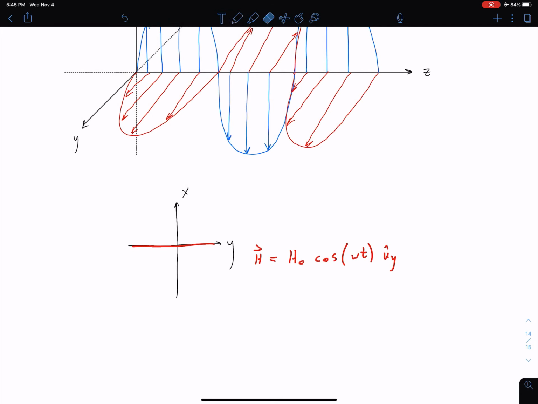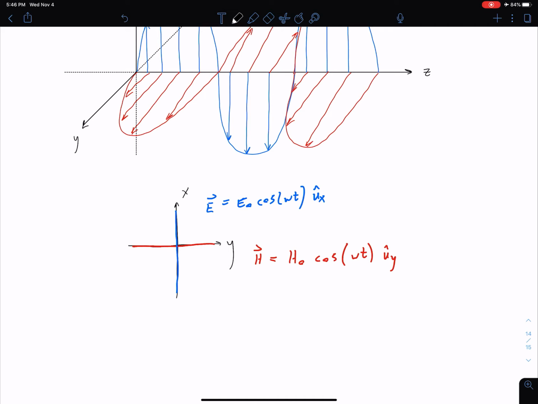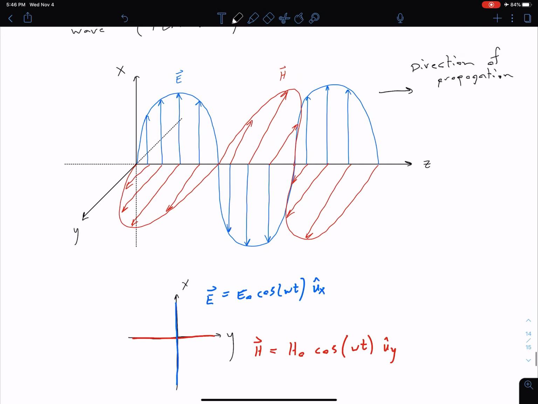And then we have our electric field, which is equal to some magnitude E naught times cosine omega t, in our x direction. Those are just unit vectors for our x and y directions, the u of x and u of y with the little hats. Again, our electric and magnetic fields are perpendicular to one another, and both of them are perpendicular to the direction of propagation.